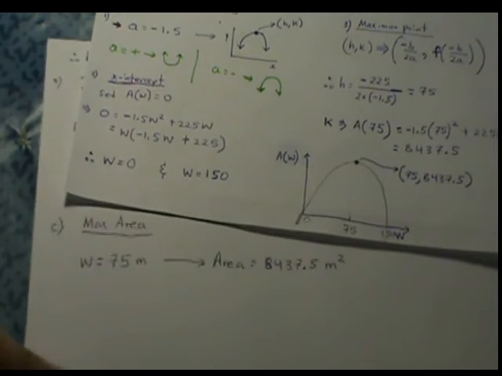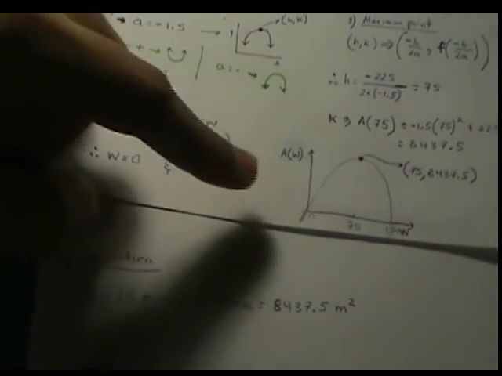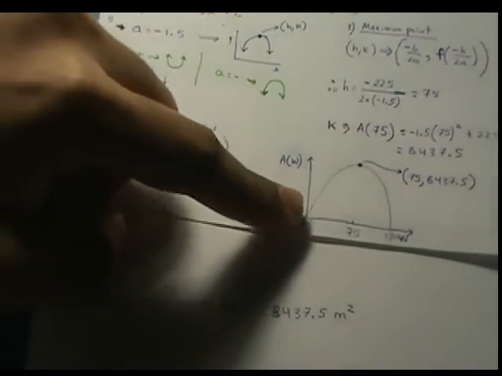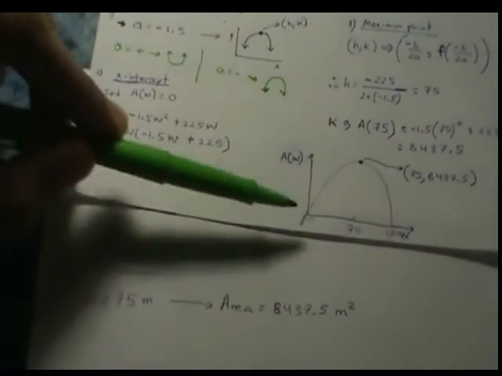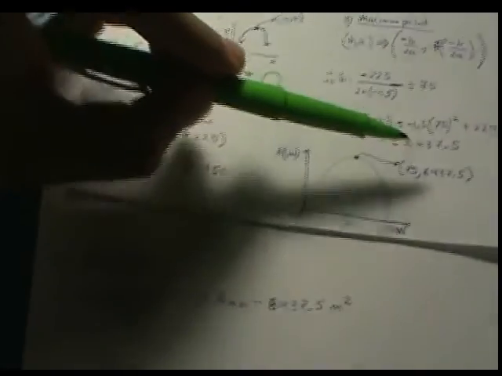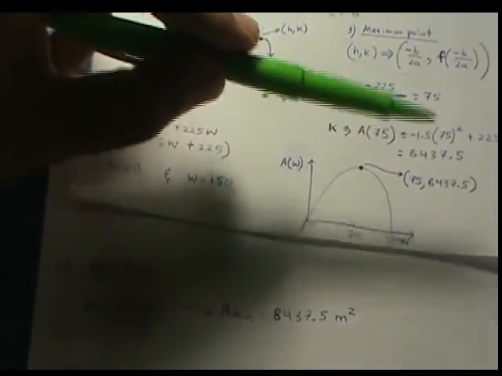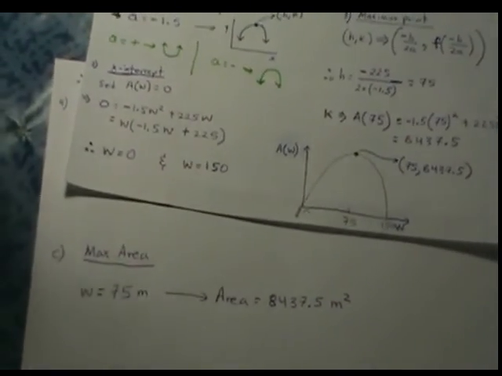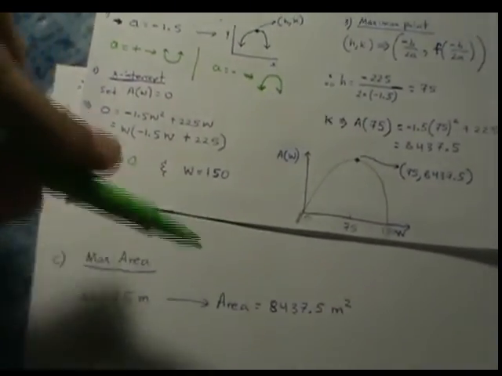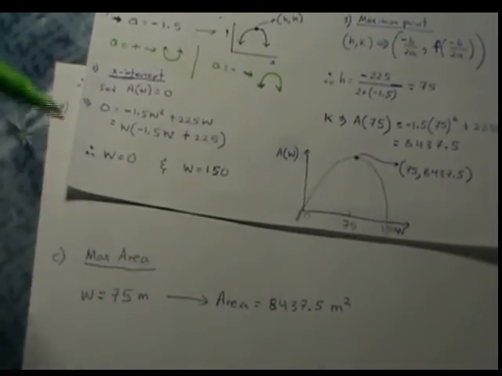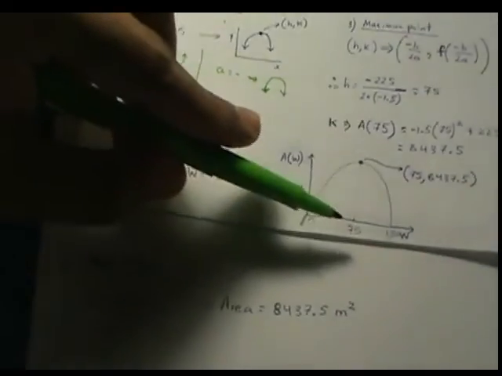So from the graph, we can see that the parabola hits its maximum point at 8,437.5. So that's the maximum area, 8,437.5 meters squared, and this area occurs when the width is 75 meters.